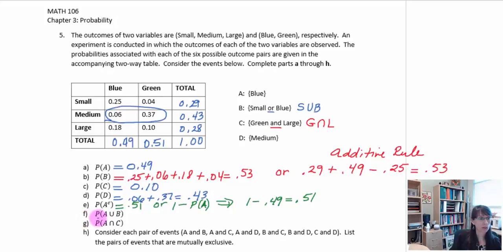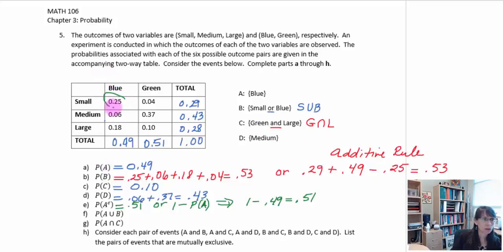For part F, we're looking for the probability of event A in union with event B. So everything involved with event A in union with everything involved with event B. So let's erase our ring, and we'll find event A is blue.